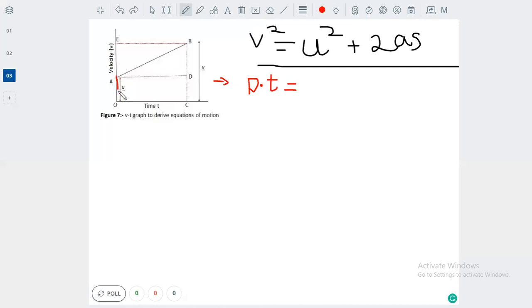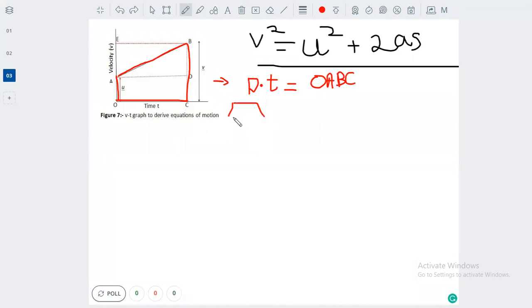So this completely, if you see, is forming a trapezium, right? So this is a trapezium. So dt is equal to OABC.